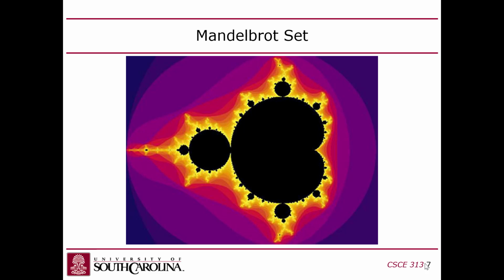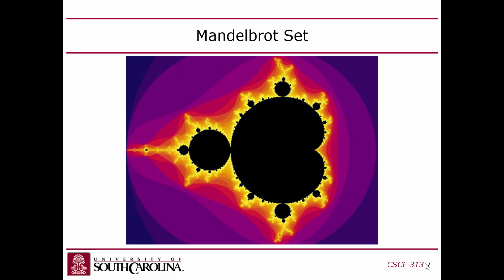So the range of imaginary components of all the black pixels are all between -1 and +1, right? And the real numbers are all between -2 and +1. Which means the origin is right about here, not quite in the middle.